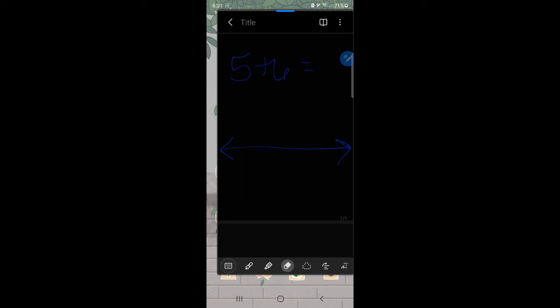This problem is a near double because it is comprised of 5 and 6 rather than 6 plus 6. My math facts tell me that if I were to double 6, I would get 12. Now, all I must do is subtract 1 from 12, and I have my answer. And I know I have to subtract 1 because I added it here.